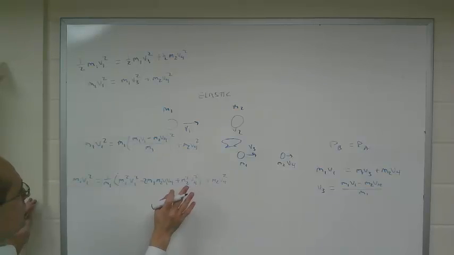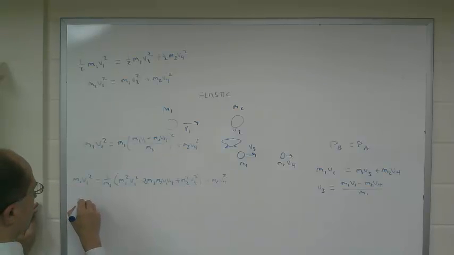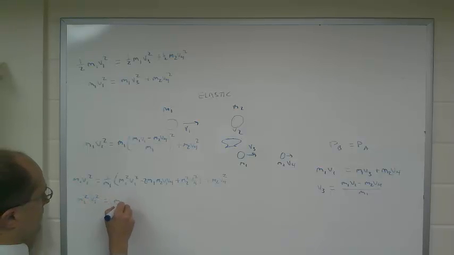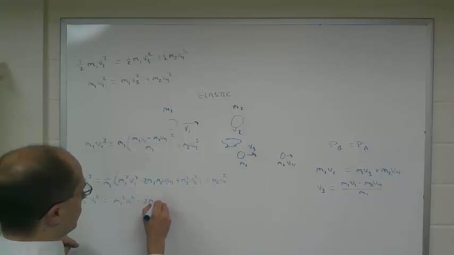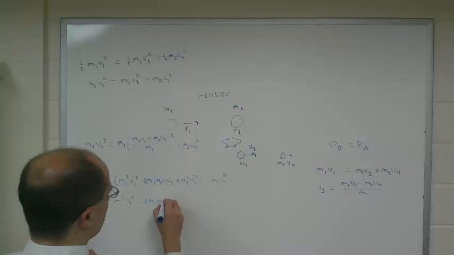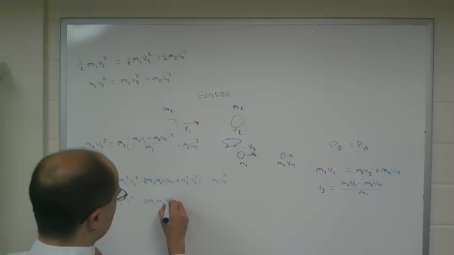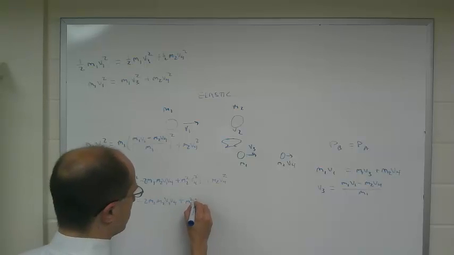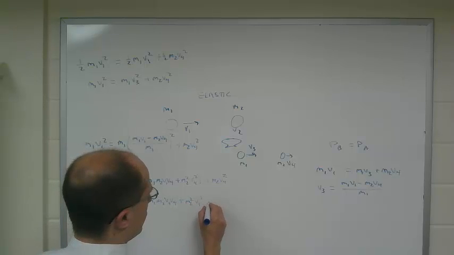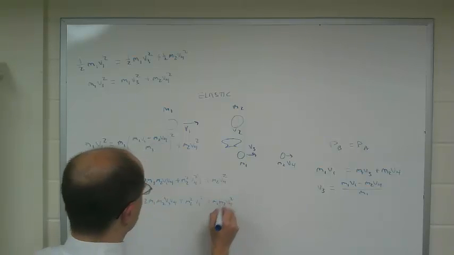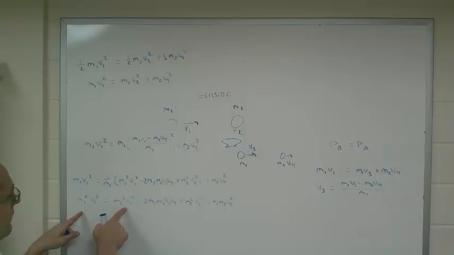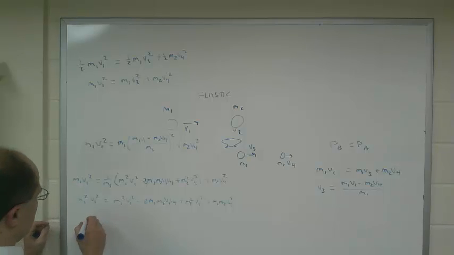Actually, we'll multiply through by M1, so we have M1 squared V1 squared is M1 squared V1 squared minus 2 M1 M2 V1 V4 plus M2 squared V4 squared plus M1 M2 V4 squared. Now we see that we have this term on both sides, so that makes the 0.